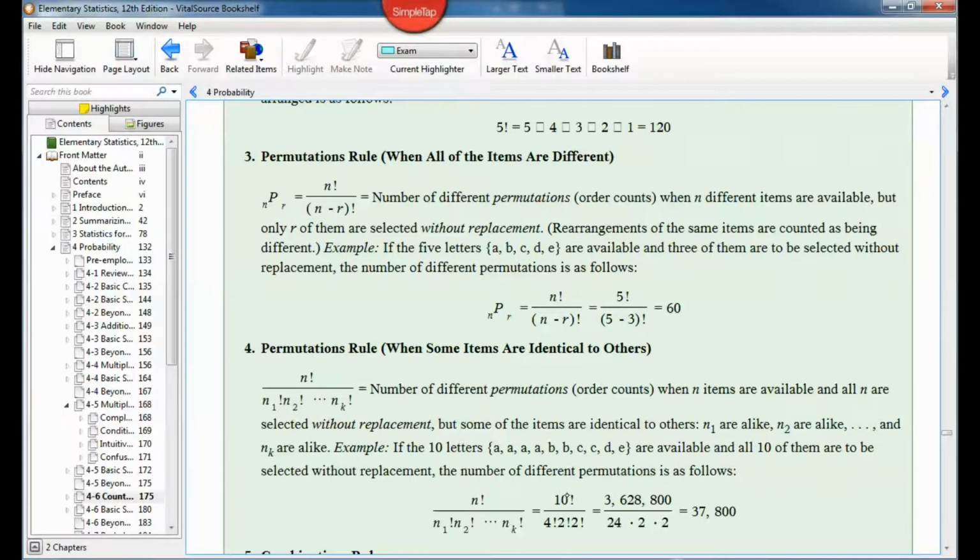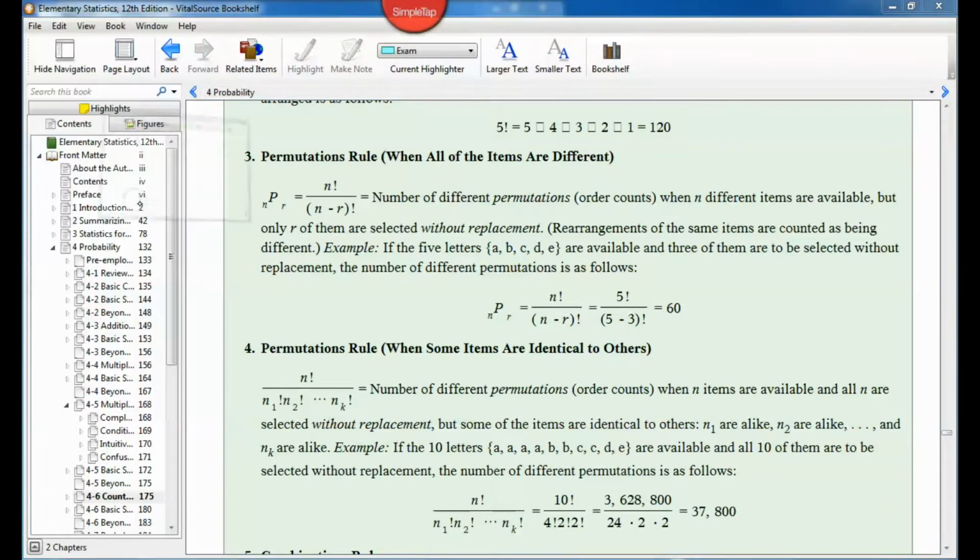The top number is 10 factorial. We have 4 A's. That's 4 factorial. 2 B's. That's 2 factorial. 2 C's. That's 2 factorial. A D, that's 1 factorial, and an E, that's 1 factorial. Of course, you don't put 1 factorial on the bottom because multiplying by 1 does nothing.